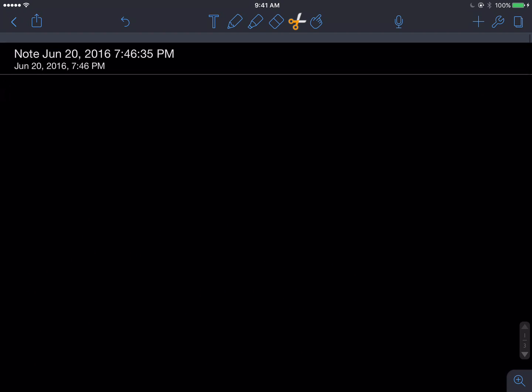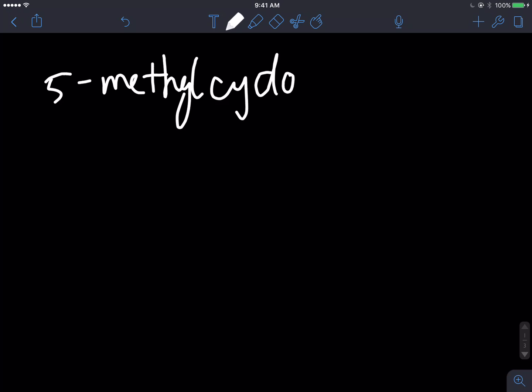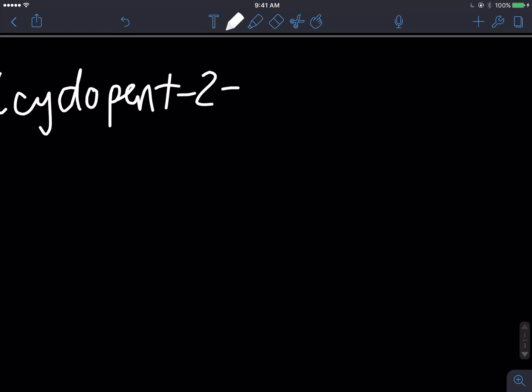And let's go to the next. Okay, and what else? What if a name is given and you have to draw a structure? For example, I'll give you this: 5-methylcyclopent-2-en-1-ol.